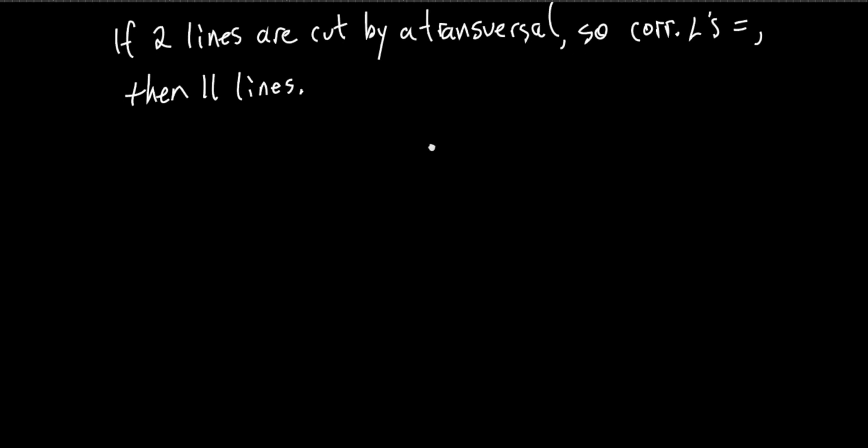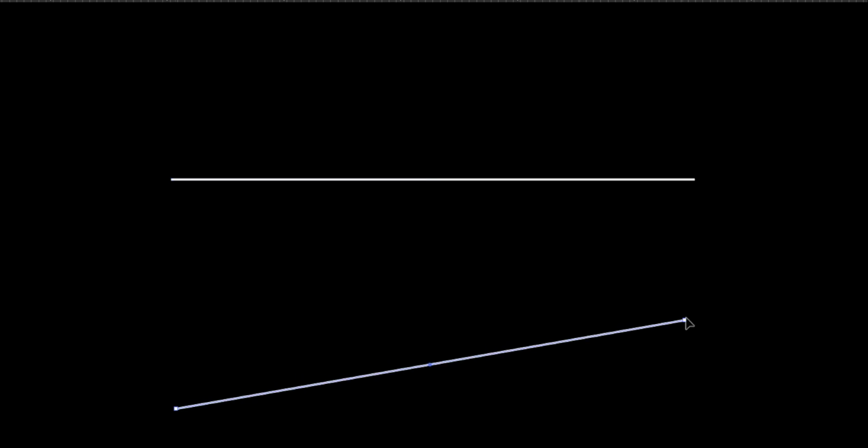So when I said earlier just two random lines, well, they're not actually just two random lines. Let's do a line like this, and then we have a transversal. Let's say this angle right there is angle 1, and that's angle 2. What's true about angle 1 and angle 2? They're corresponding angles to each other, okay?